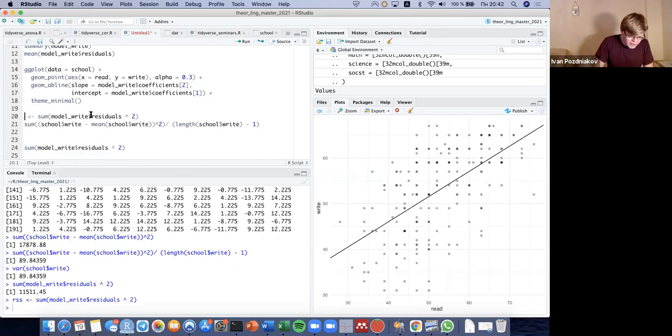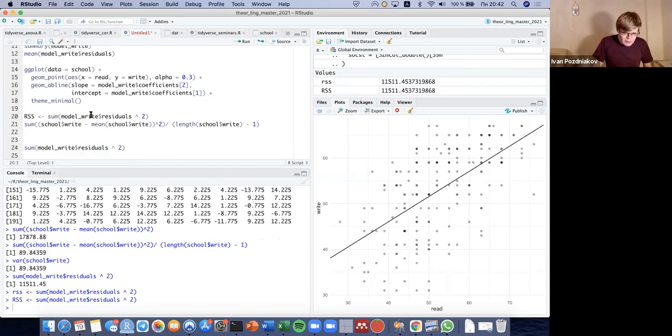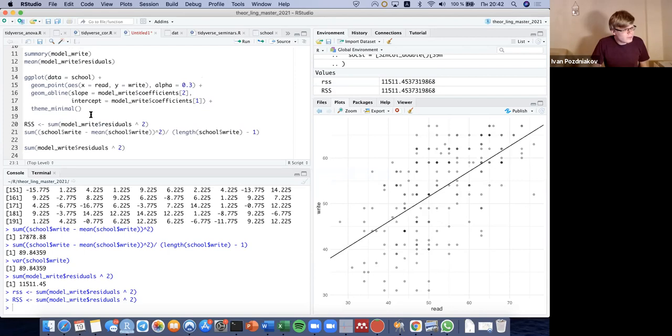It's usually written with capital letters, RSS, I think because linear regression is very much used in economics.